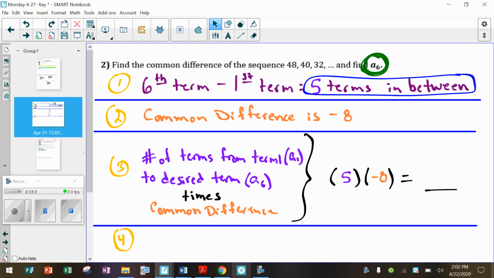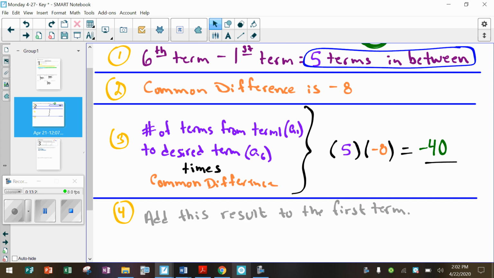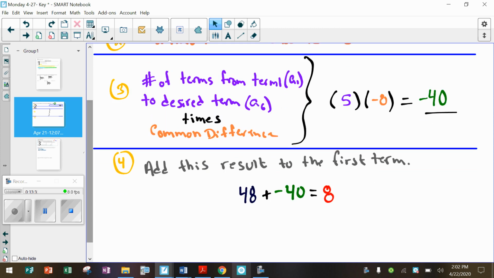That gives us a number that we add to the first number in our list. And then we get the 8, just like we did before. So A sub 6 is the number 8.